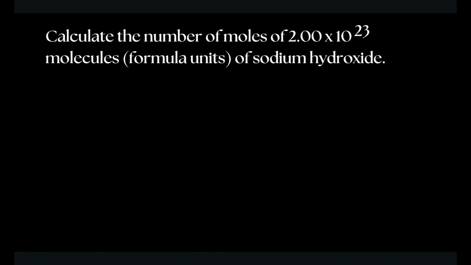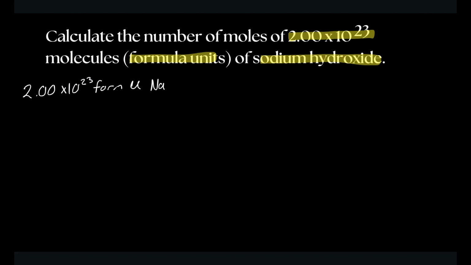So we're starting off with our 2.00 times 10 to the 23rd formula units of the sodium hydroxide. So I'm going to abbreviate formula units as Form U, and our sodium hydroxide is our NaOH.